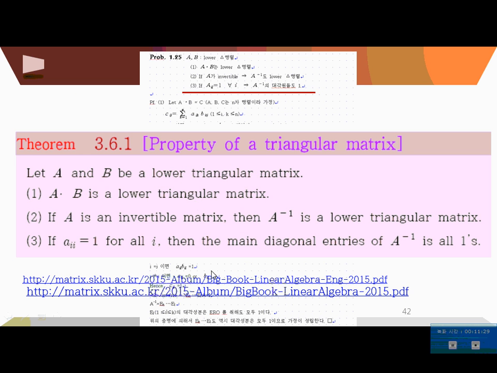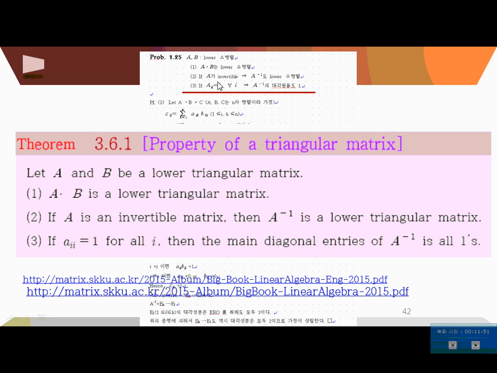These are the facts that I mentioned. If A and B are lower triangular matrices, then the product of A and B is a lower triangular matrix. If A is an invertible lower triangular matrix, then A inverse is a lower triangular matrix. And if a_ii is equal to 1 for all i, then the main diagonal entries of A inverse are also 1s.